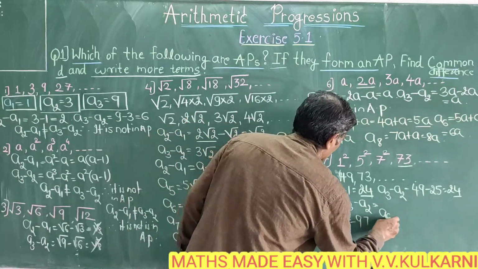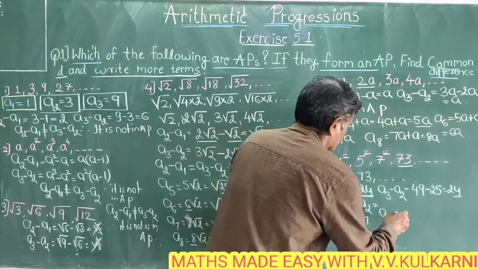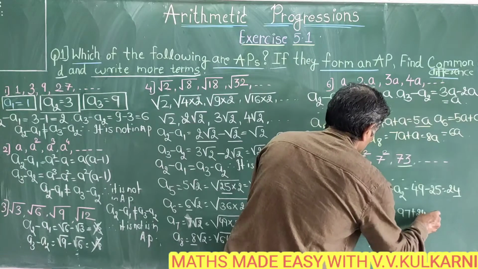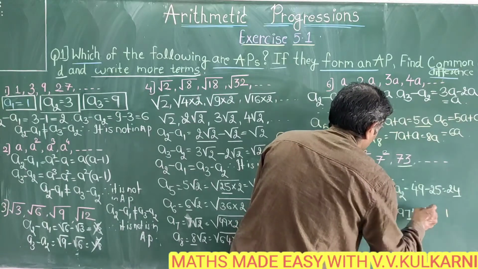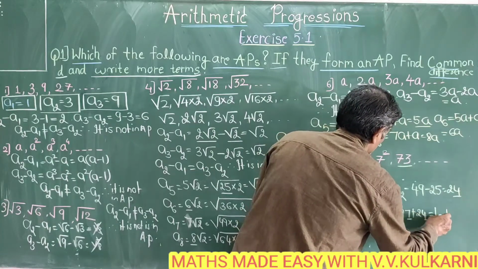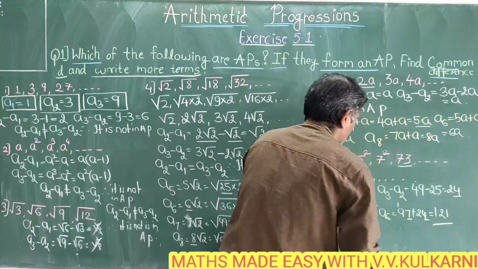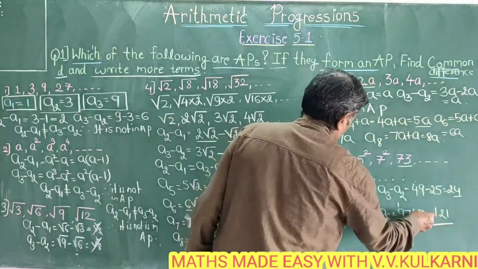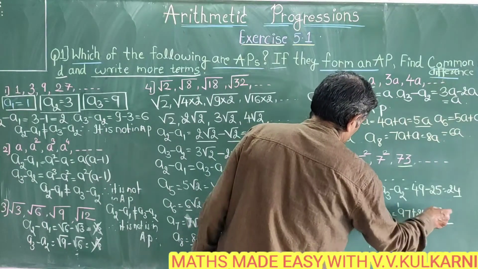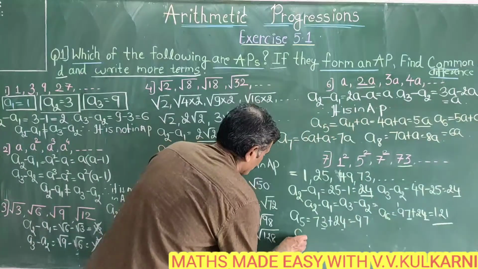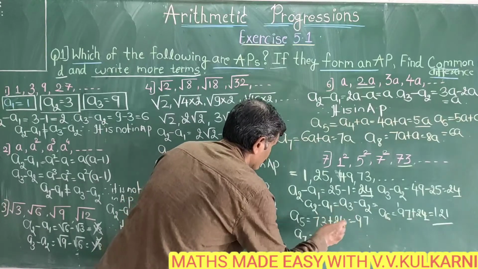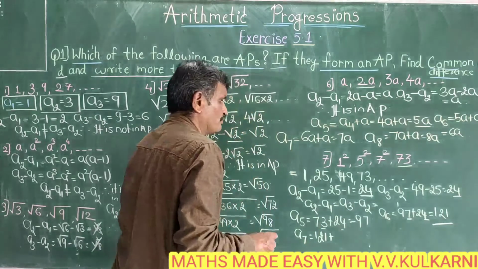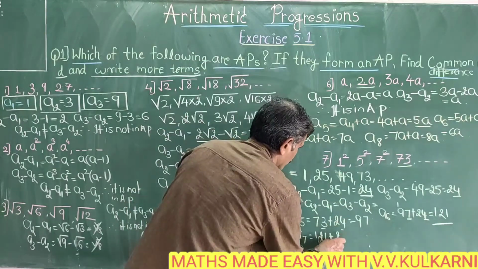If you want the sixth term, it is 97 plus 24. So 7 plus 4 is 11, carry 1, 9 plus 1 is 10, 10 plus 2 is 12. I think you are able to understand. The seventh term, fifth term plus 24, sorry, the common difference is 24.